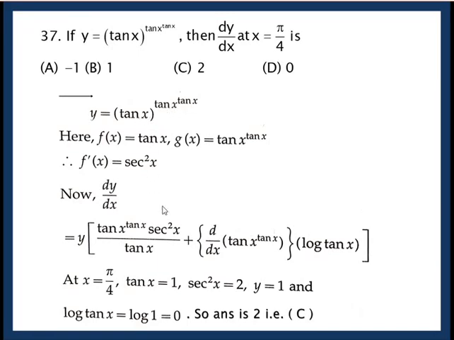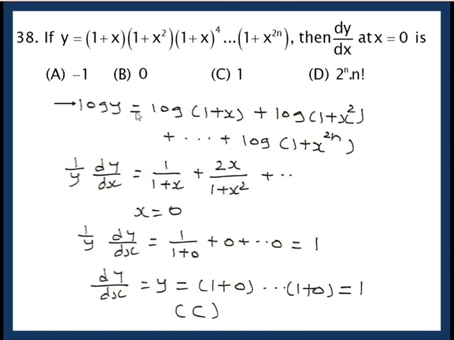Now the derivative of log of tan x is 1 upon tan x into sec square x, plus second function log of tan x into derivative of first. But I haven't actually obtained the derivative. For this again we have to perform logarithmic differentiation, but fortunately this is not required, because we have to find the derivative at pi by 4. Tan pi by 4 is 1, log 1 is 0. So the correct option is C.